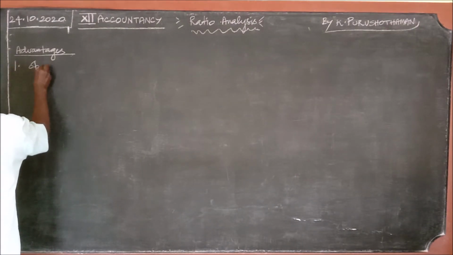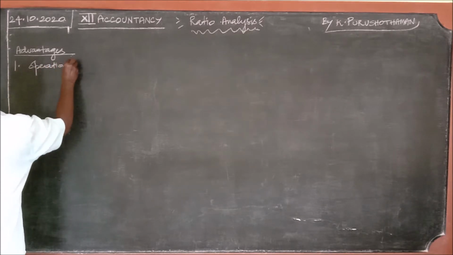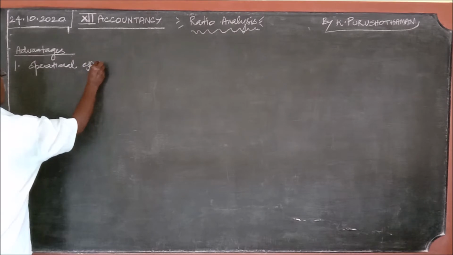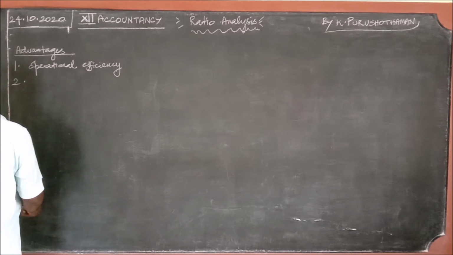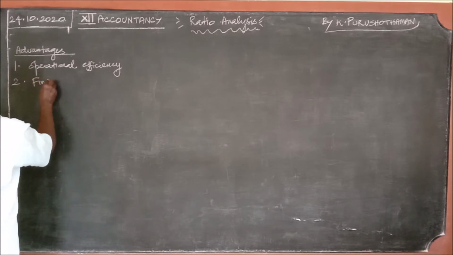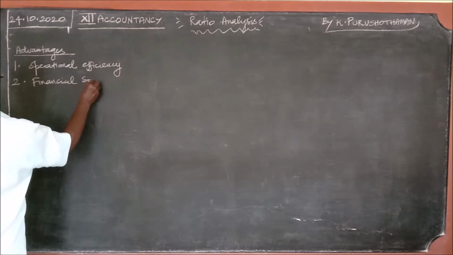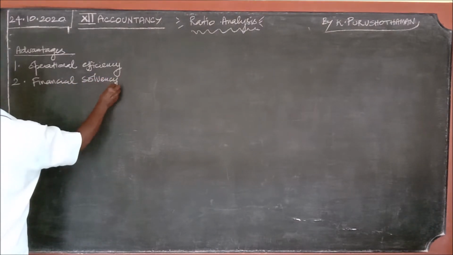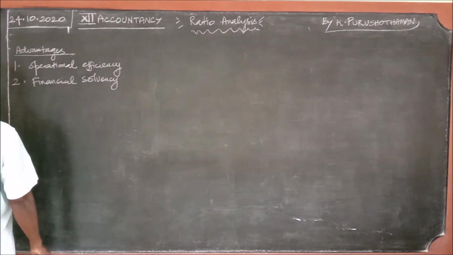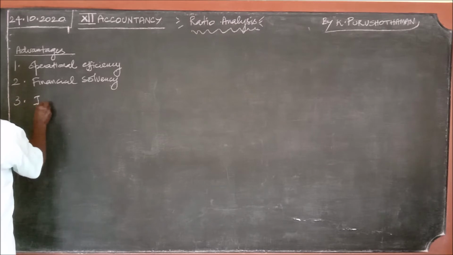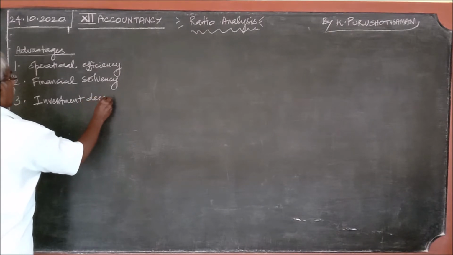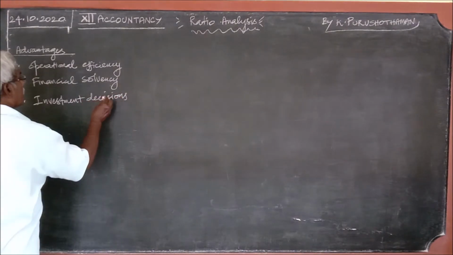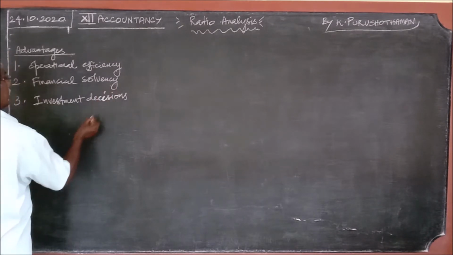One, operational efficiency. Number 2, financial solvency. Number 3, investment decisions.